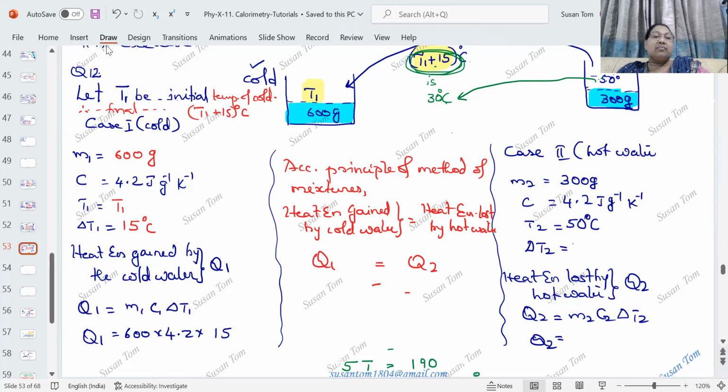Now it is not 30. I asked you to suppose only. So what should it be? Instead of 30 it is T1 plus 15, isn't it?